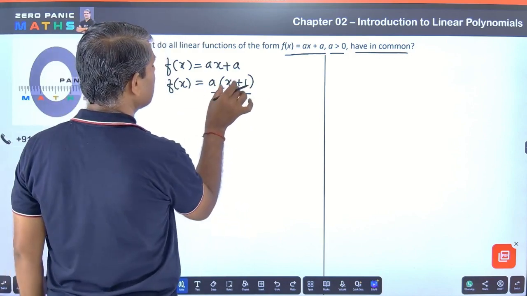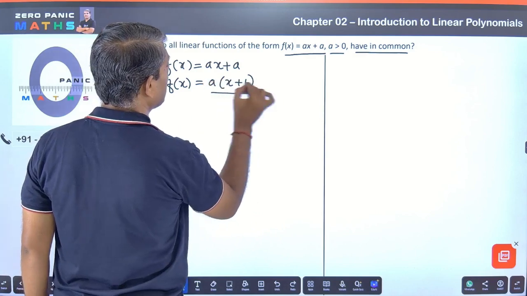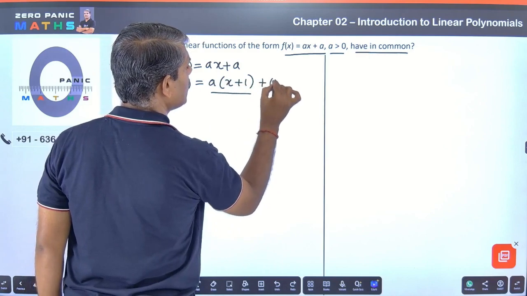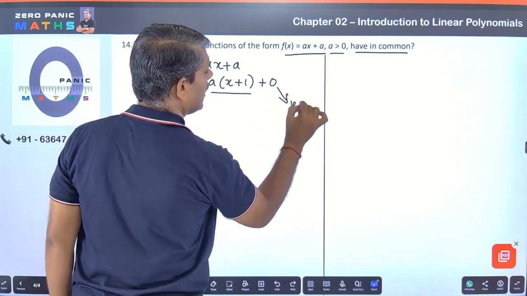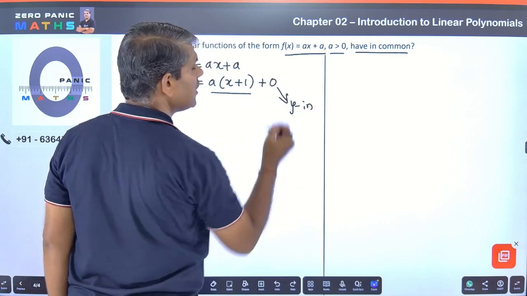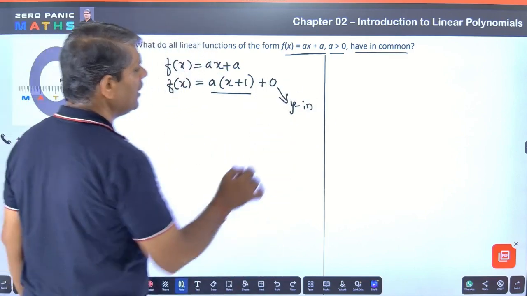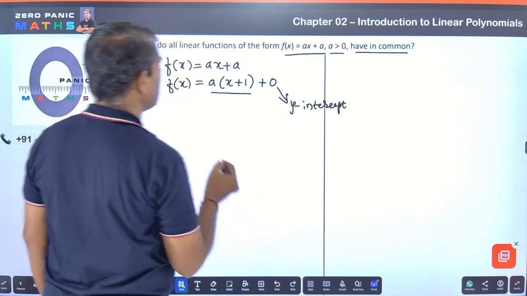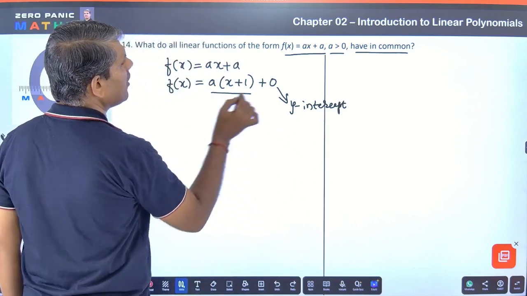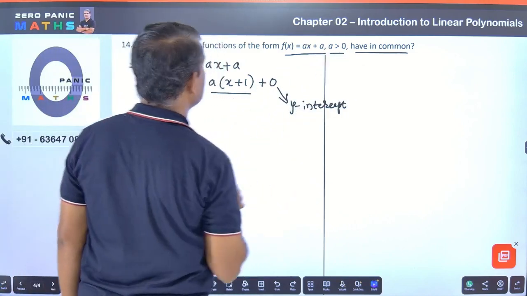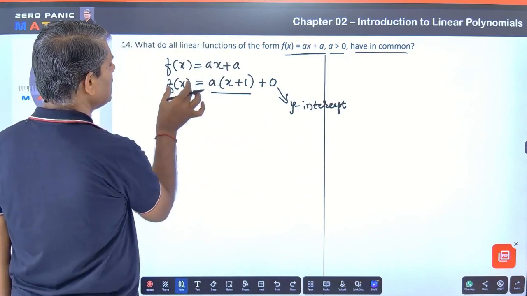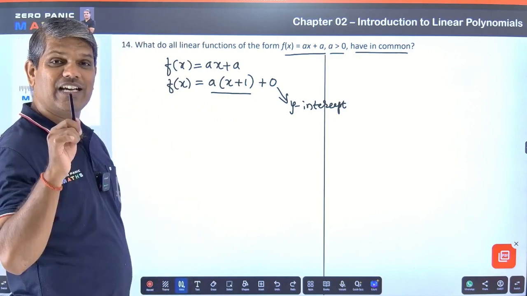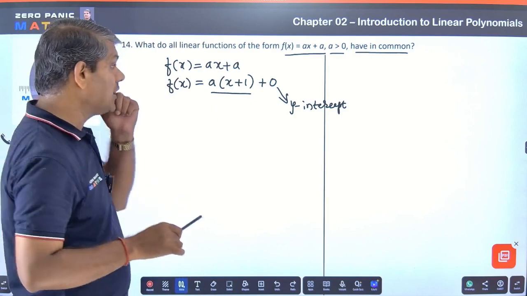There is no term b here, so there is no y-intercept, and I can equate this equation to 0 to find where it cuts the x-axis.